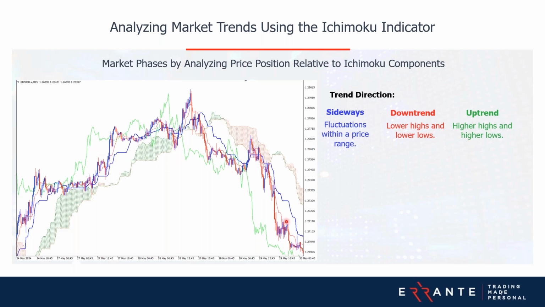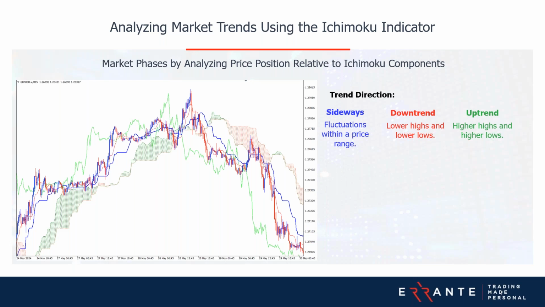And here in a downtrend, we have the price below the Kumo, and the Kumo is bearish. And also we see the Tenkan-sen below the Kijun-sen, and the Chikou span is below all. So this is a way to identify the market trend or to confirm the price action using Ichimoku Kinko Hyo.